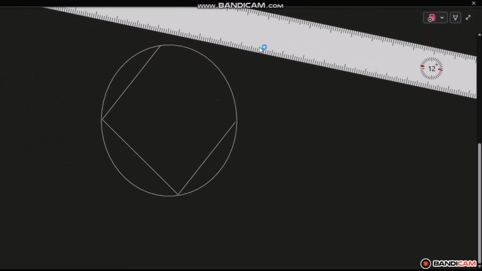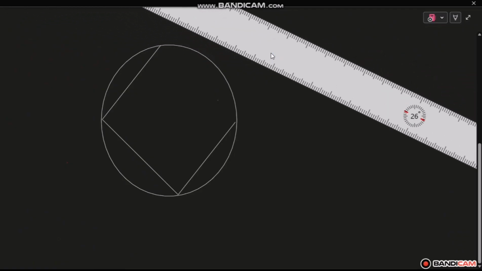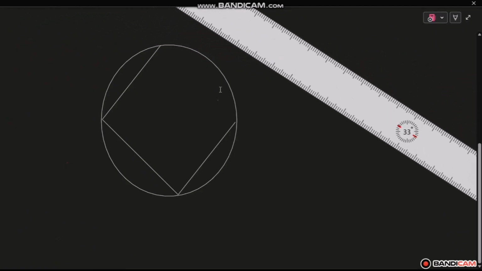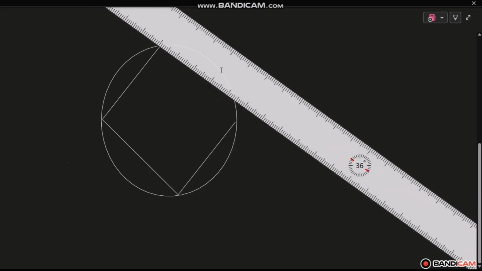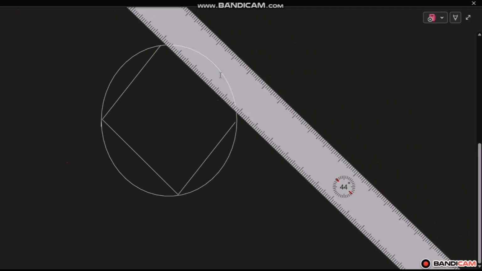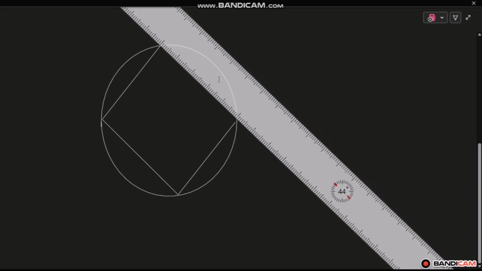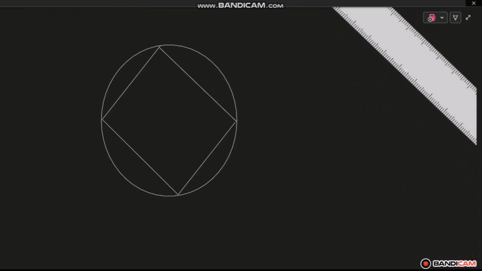So now the ruler behaved. Let's just adjust it a bit. Now this is a cyclic quad.